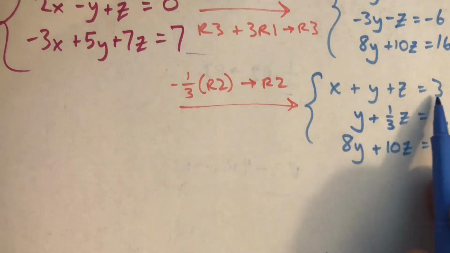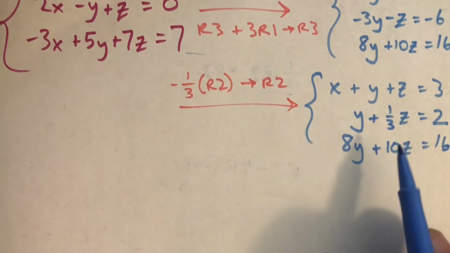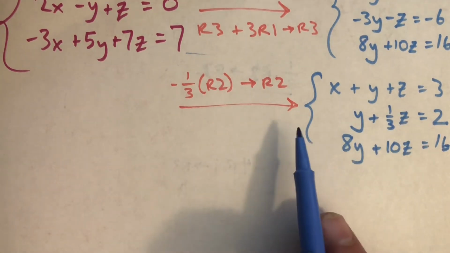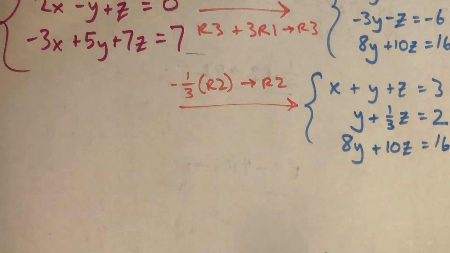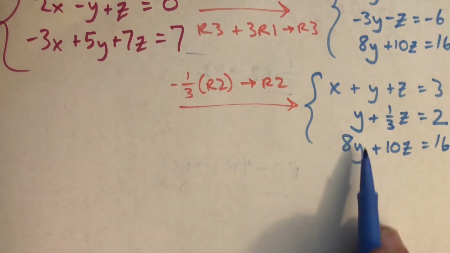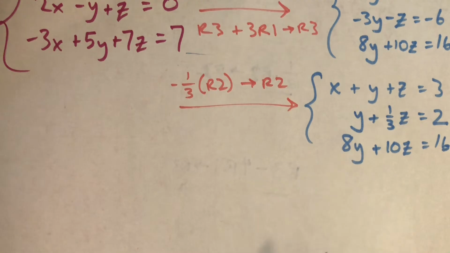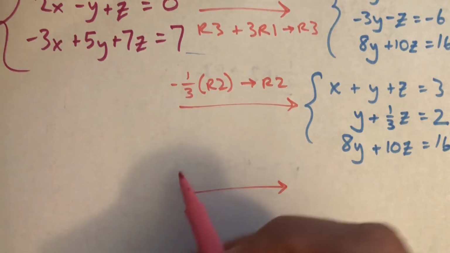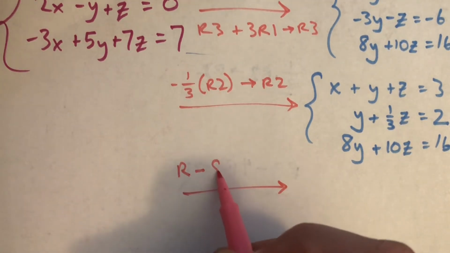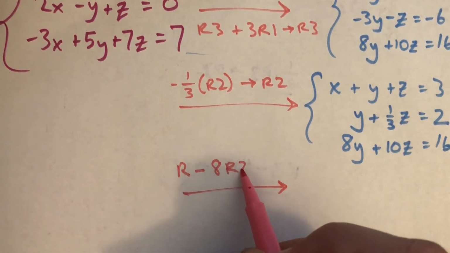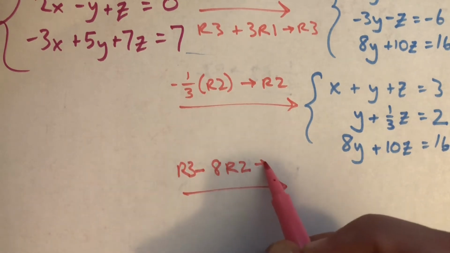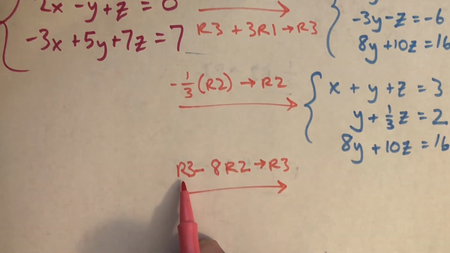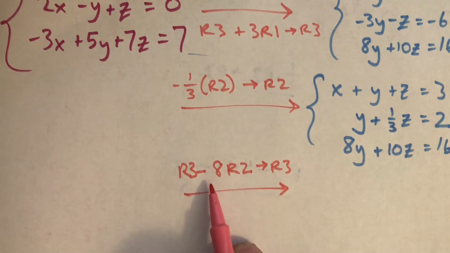We've got our first equation here has a coefficient of 1 in front of the x. The next equation doesn't have an x, the coefficient there is 1, so we're almost there. We just have to eliminate this term. We can replace row 3 with row 3 minus 8 times row 2.